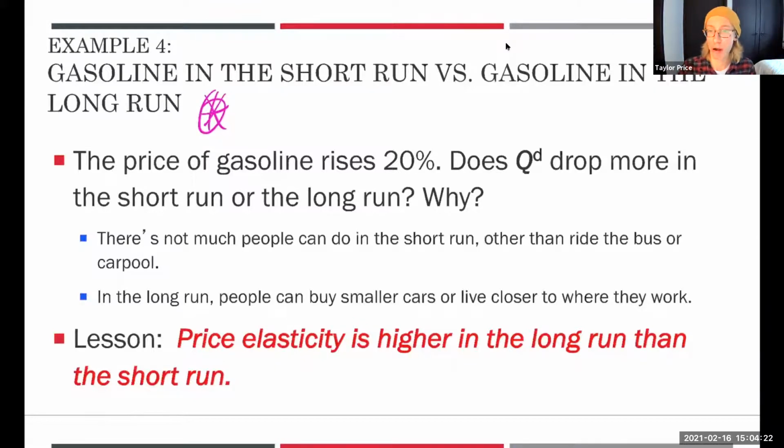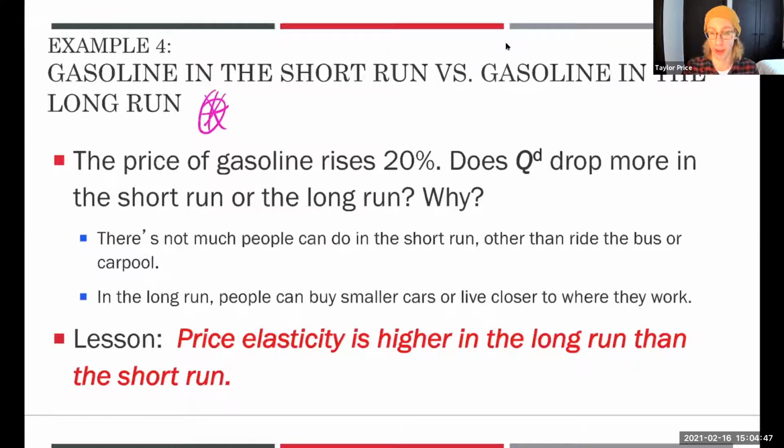If you own a car and commute to work, you can't really change how you commute. In the long run, however, you can buy a more fuel efficient car, you can live closer to where you work, you can even change jobs. So you can actually walk to work or something like that, or you can move to a location where you're able to ride public transit.